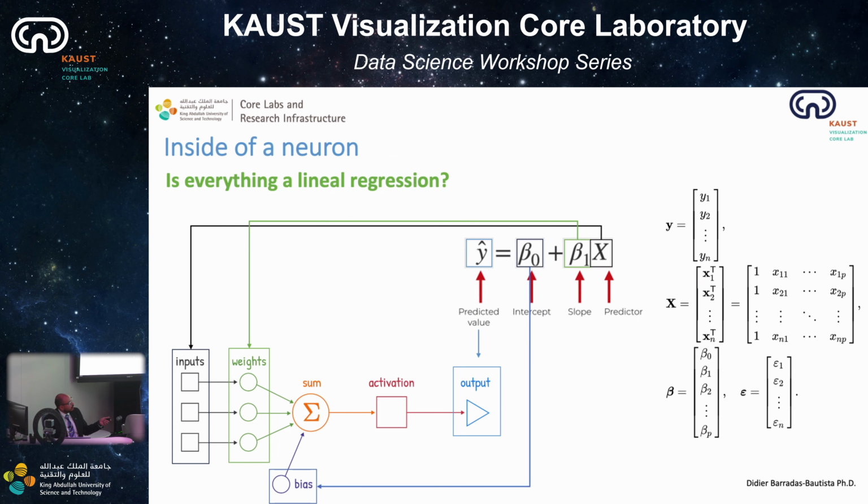So in your linear regression, you have, for example, the value you want to predict, and that could be just a vector. You have your intercept that relates to this bias part here, your slope, which is your weight, and your inputs are here, but your inputs can be a tensor or a matrix of matrices. So in that sense, all can be related to just a linear regression, because you want to predict a value, and that value is already there. Your bias or your intercept is there also here.